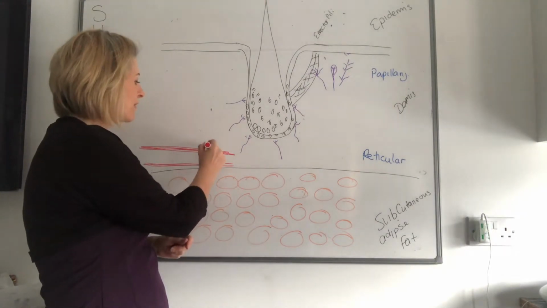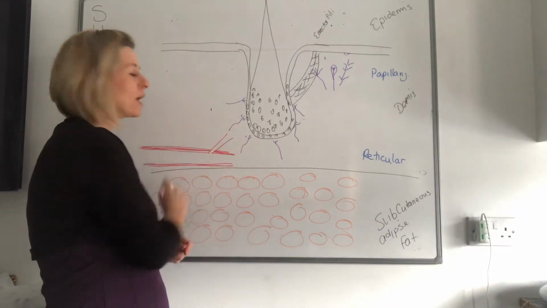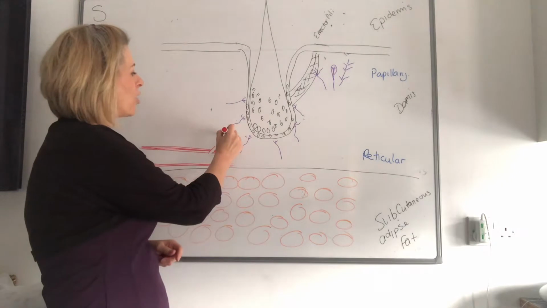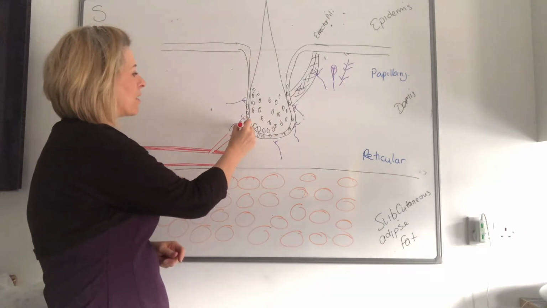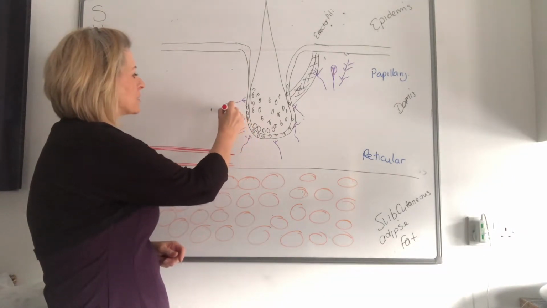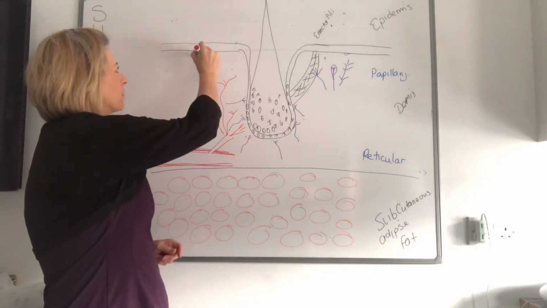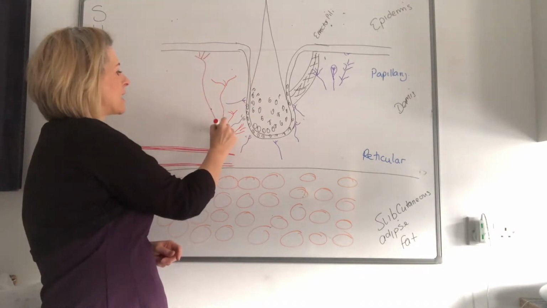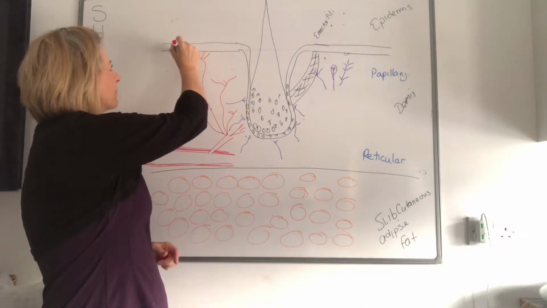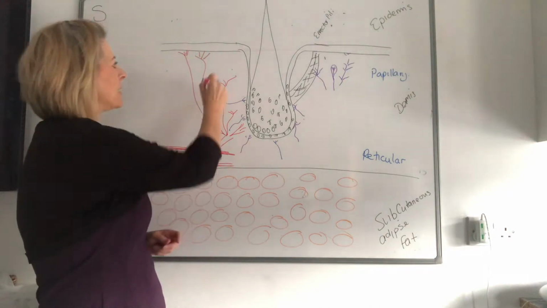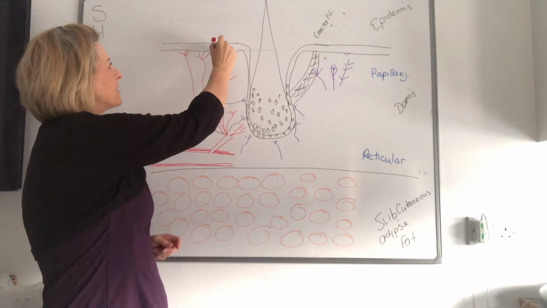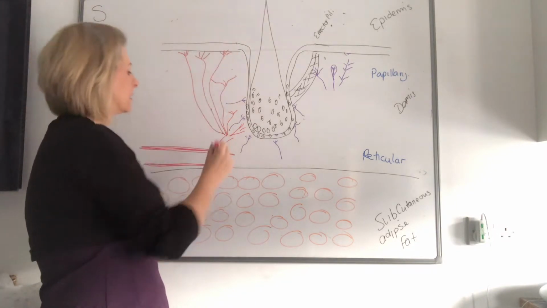I'm going to draw this very crudely. There is an arteriole, and off the arteriole there are capillaries. Those capillaries will feed all the way up to these basal cells here, because these basal cells need to be fed and nourished.